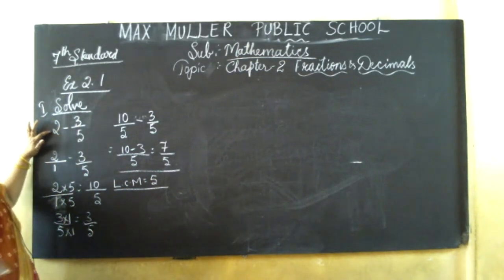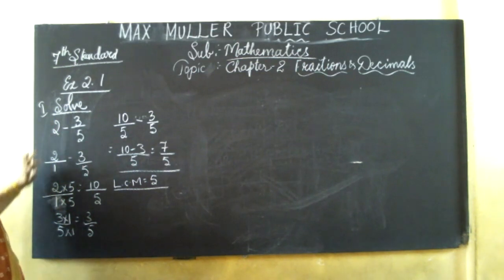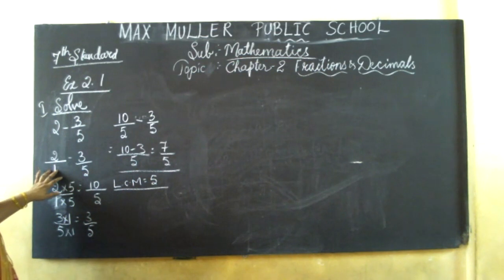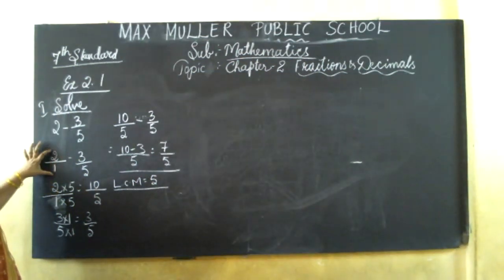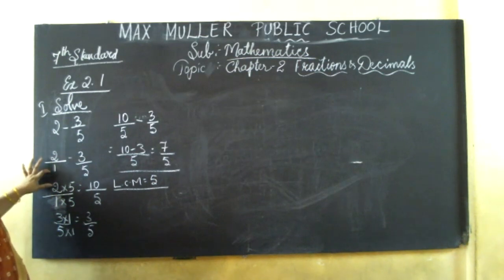So this whole number we have to convert to a fraction. How to convert is very easy: by writing 1 in the denominator. When we write 1 in the denominator, it is converted to a fraction, 2 by 1 minus 3 by 5.